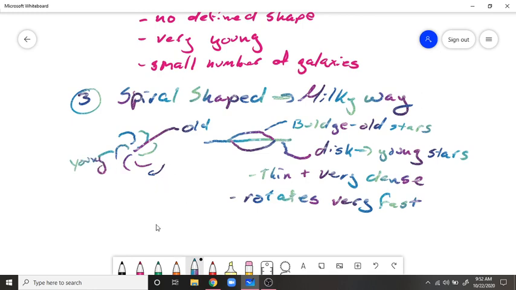The size of the Milky Way galaxy is 100,000 light years.